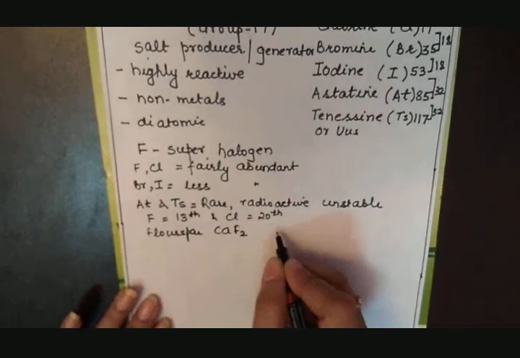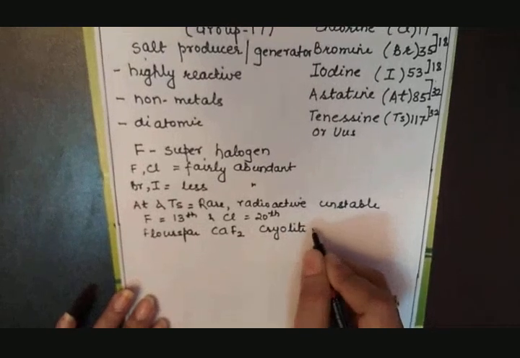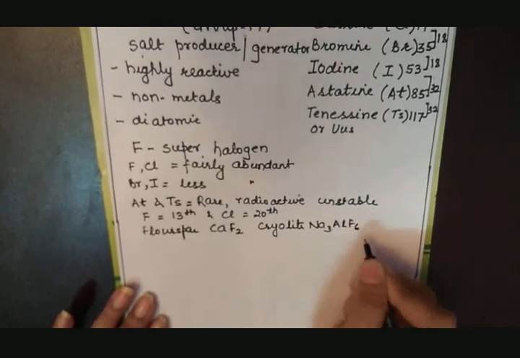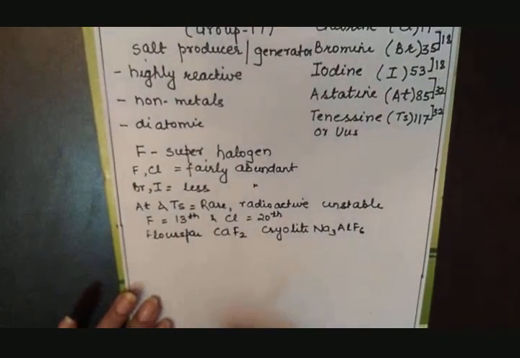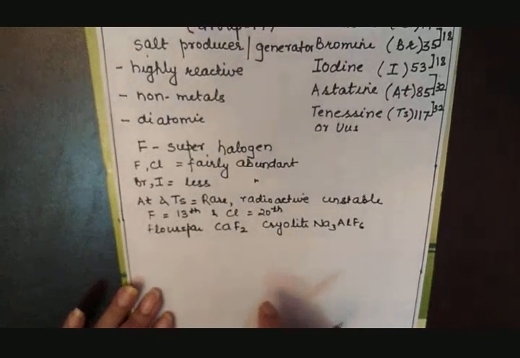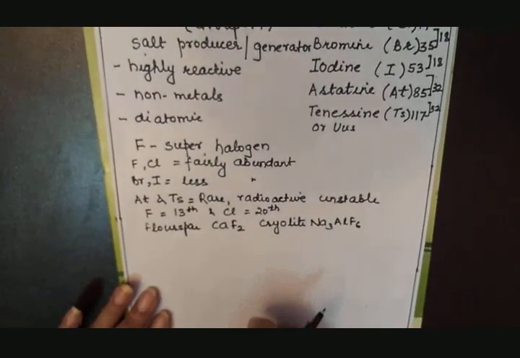Another ore of fluorine is cryolite, formula Na3AlF6. Fluorine is usually present in rocks, and its ion, that is fluoride, is the main constituent of bones and teeth also.